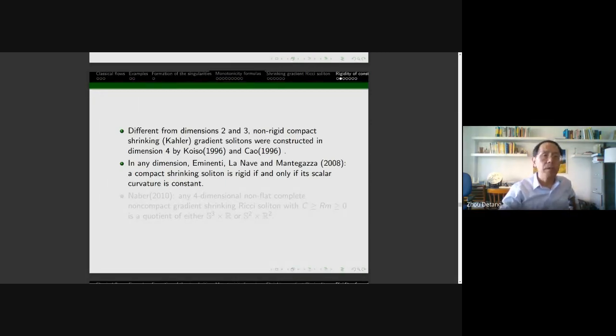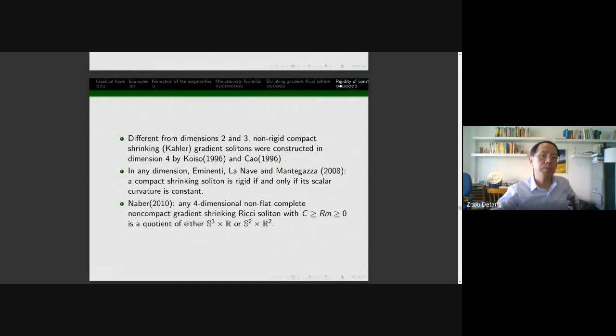For example, Naber showed that for a non-flat, complete, non-compact gradient Ricci soliton, if the curvature operator is non-negative and bounded, then it has to be this one, or a quotient of this one.